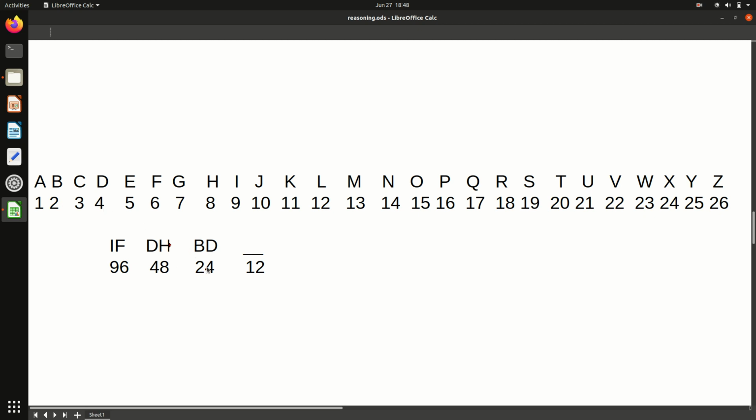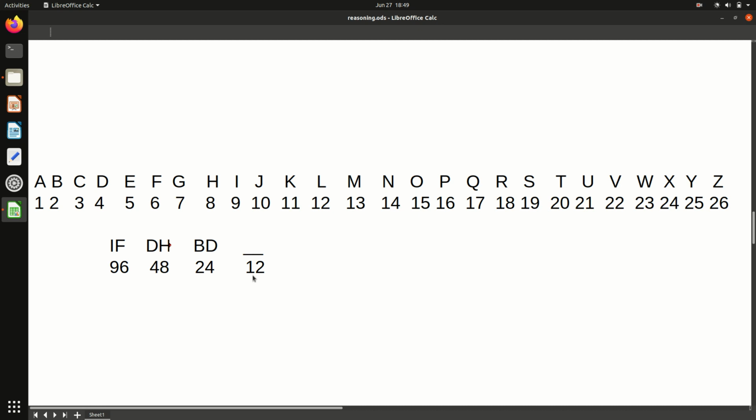Now I think you got the pattern. So 24, 48, 96. You can directly see the pattern: we are just getting the double. 24 into 2 is 48, 48 into 2 is 96. Or 96 by 2 is 48, 48 by 2 is 24. It means the next will be 24 by 2, which is 12. So there should be 12.